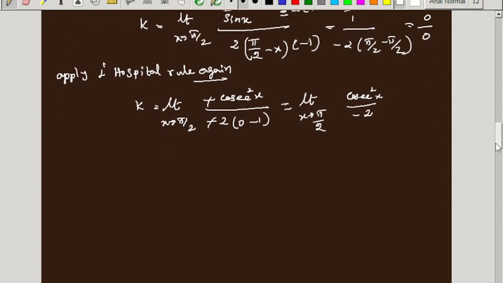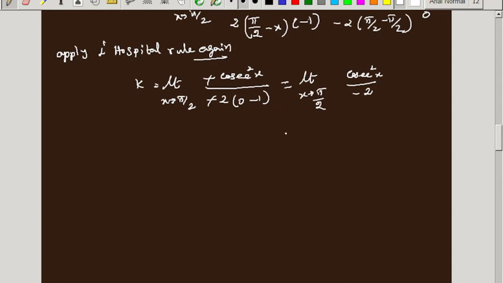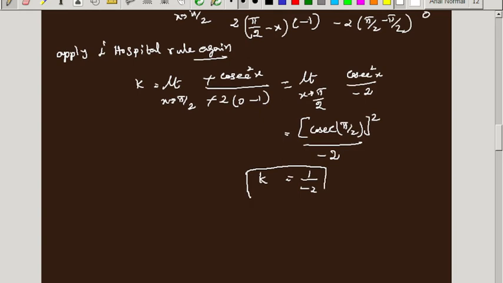We apply the limit pi by 2. So cosecant pi by 2 whole square dividing by minus 2. So here sin pi by 2 is 1. So reciprocal of 1 is 1. So we get 1 square is 1 dividing by minus 2. So answer is k equal to minus 1 dividing by 2 is the answer.